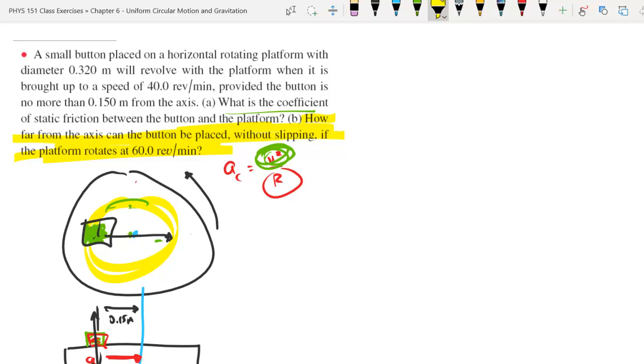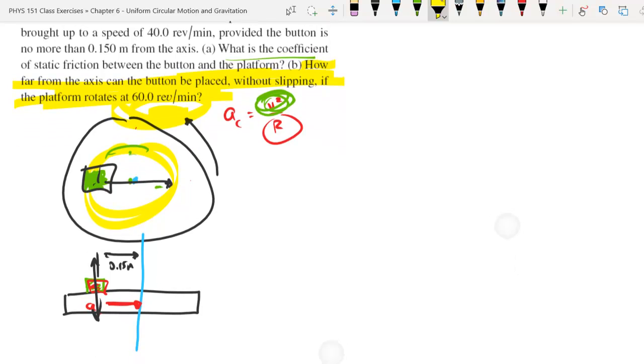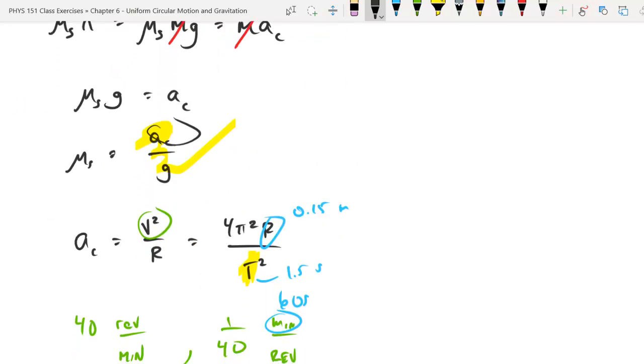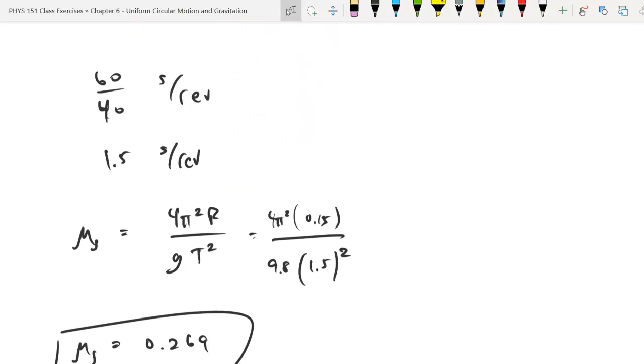And we just want to find out what r is based on this new angular speed, which basically gives us a new period. And I think we can see from 60 revolutions per minute, this period is equal to 1 second per revolution.